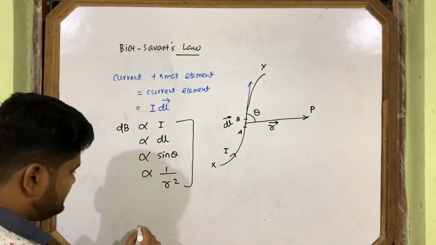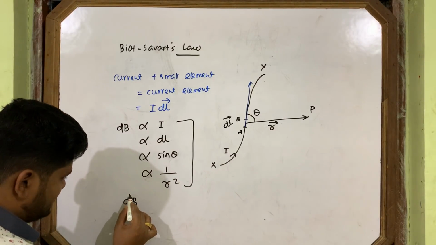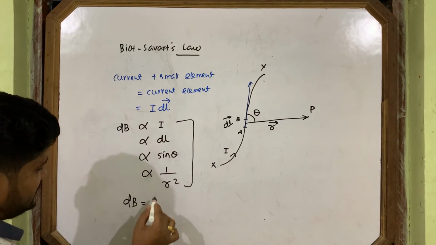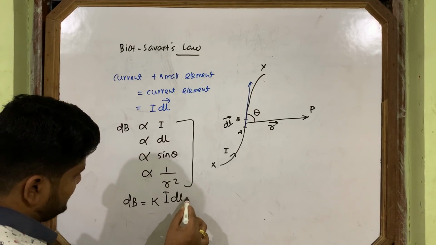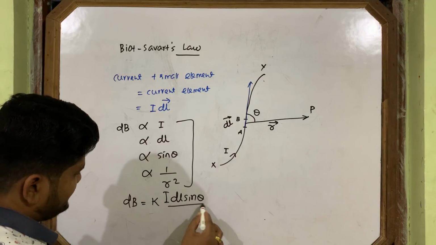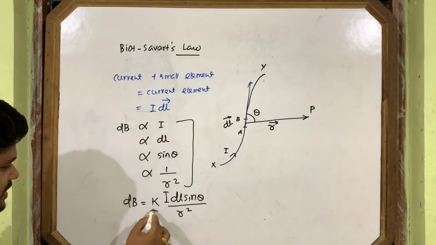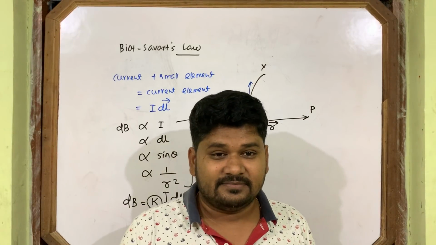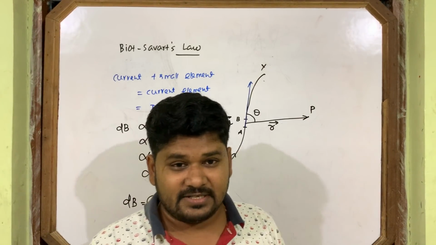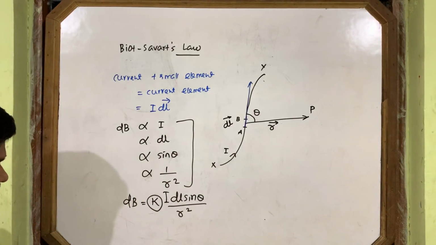Now we'll combine them. If I combine, dB is equal to k I dl sin theta by r square. But what is this k? Proportionality constant. What is the value of this k?